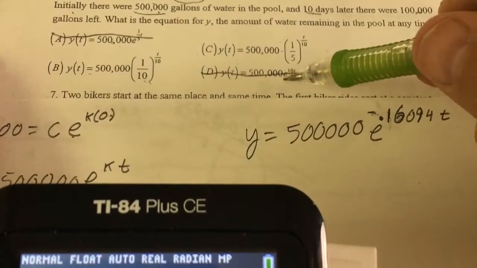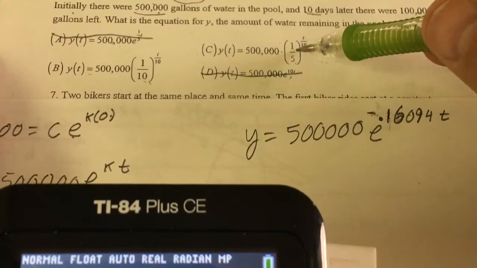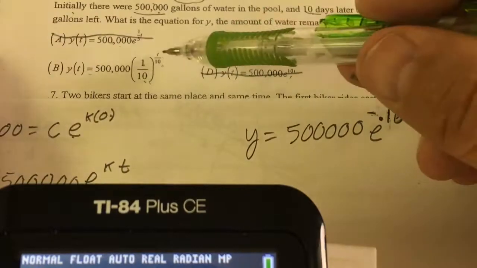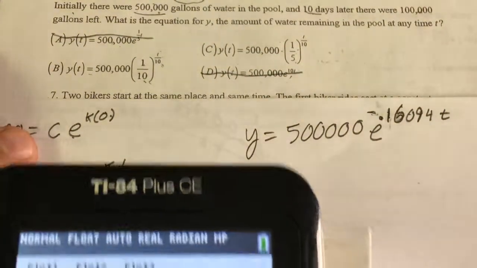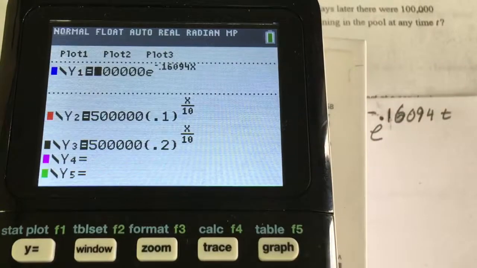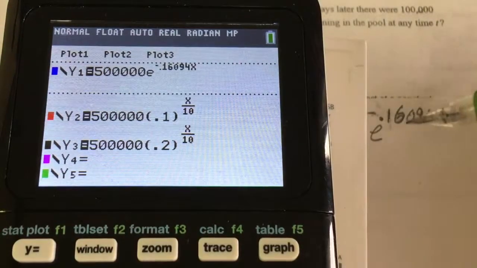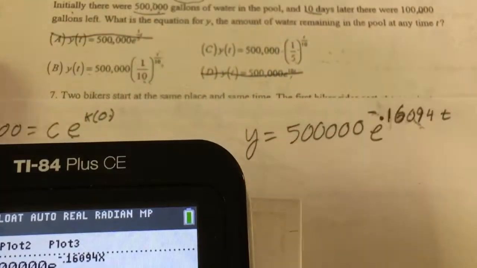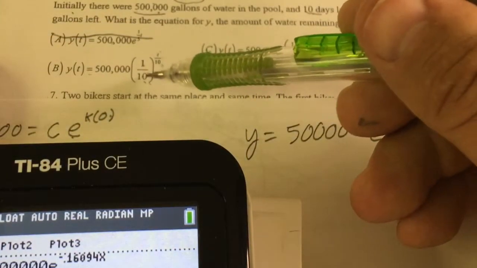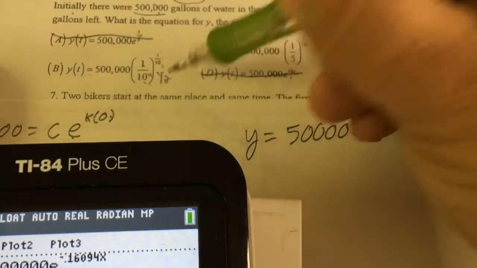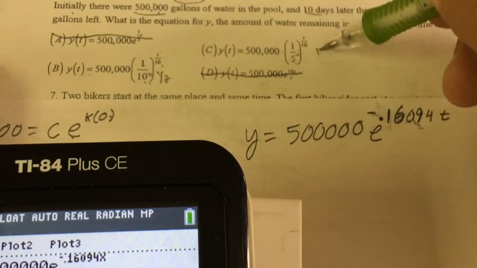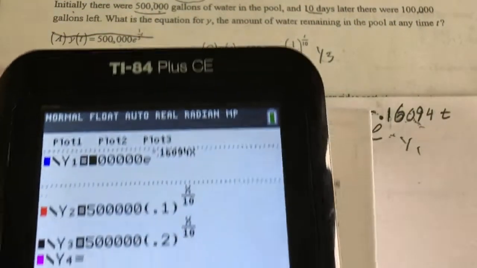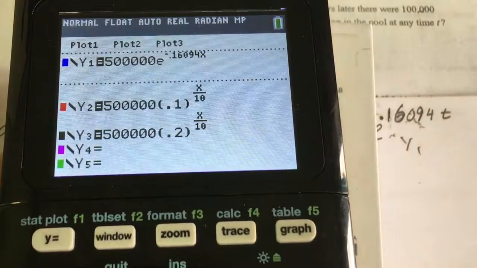So we're going to see if it numerically lines up with the 1/5 and the 1/10, t over 10. So I had them entered into my calculator. The first graph is the one that I derived, and then 0.1 would be the 1/10. That's going to be my y2, and then this will be my y3 graph, and this is my y1 graph. We're just going to see what happens when I let them fall.